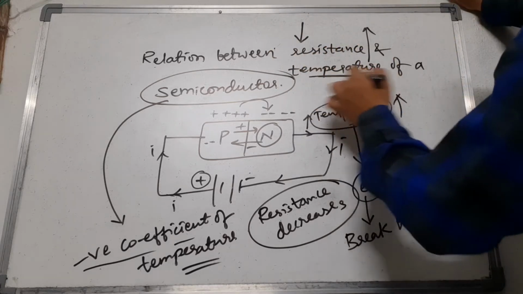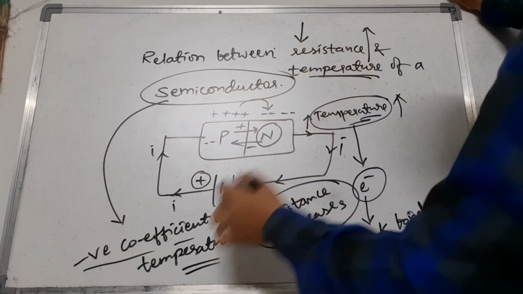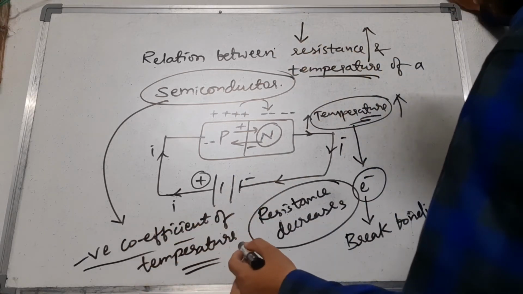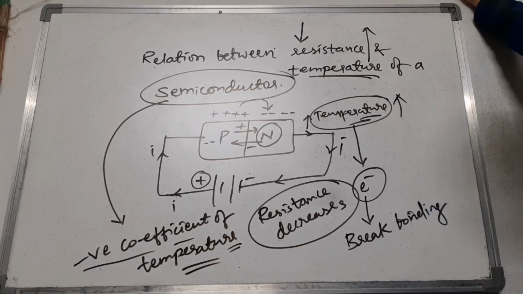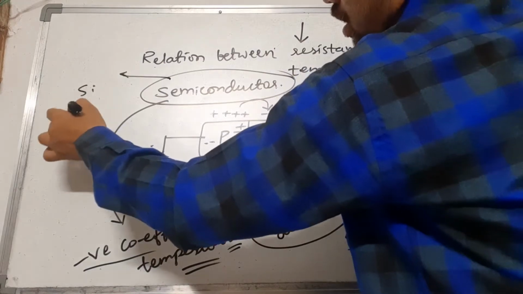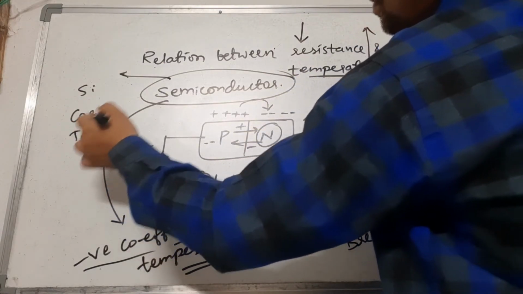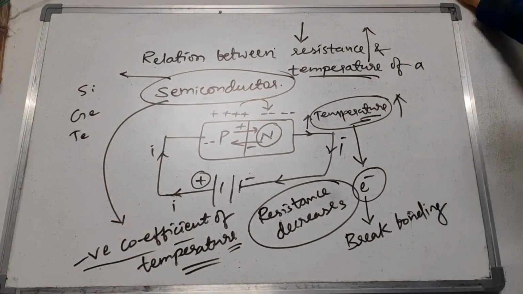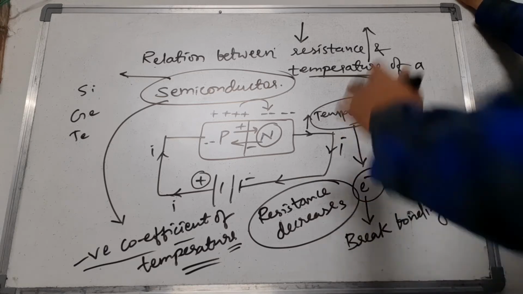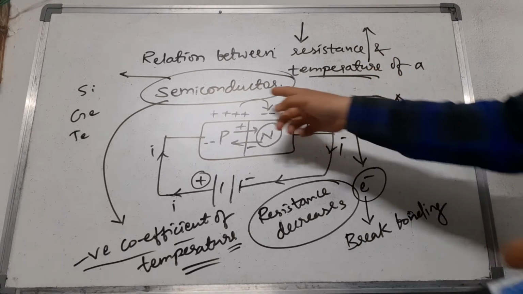That's why this is called the negative temperature coefficient of semiconductors. What are semiconductors? Silicon, germanium, tellurium. These all come under semiconductors. This is the relationship between resistance and temperature of a semiconductor.